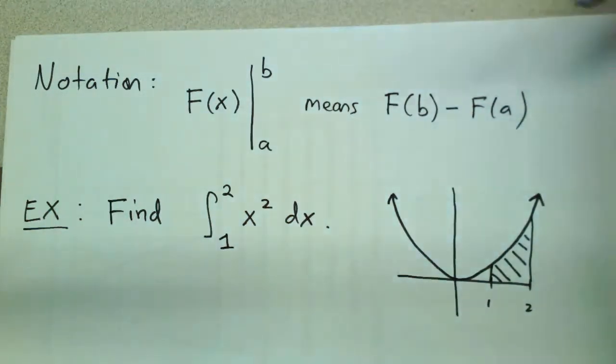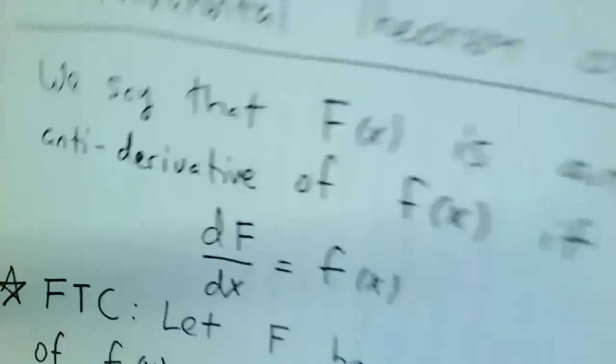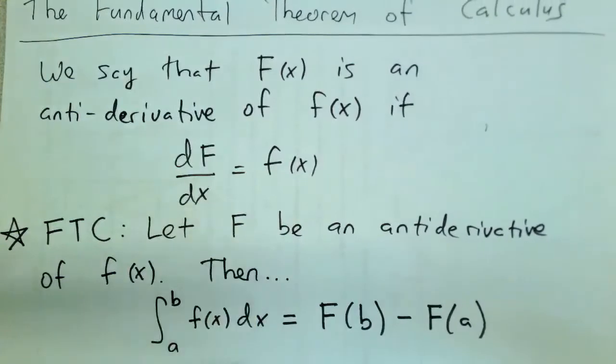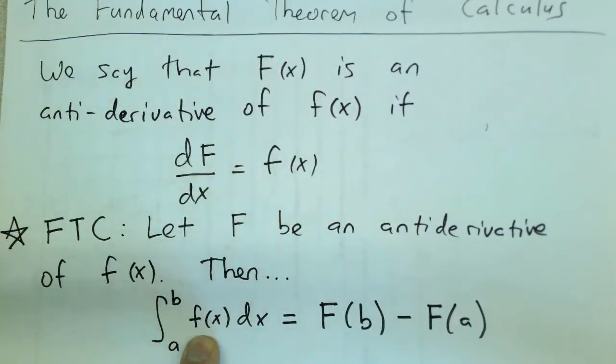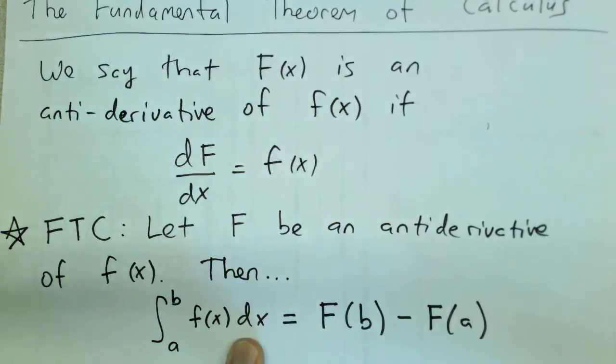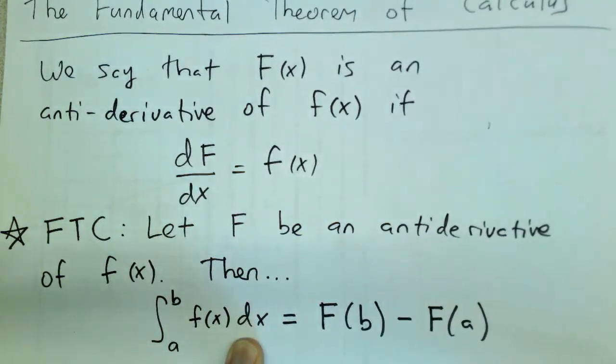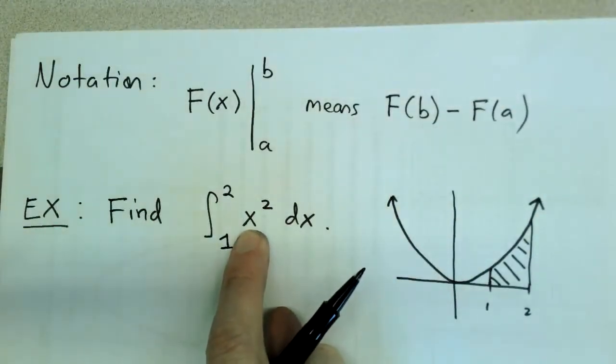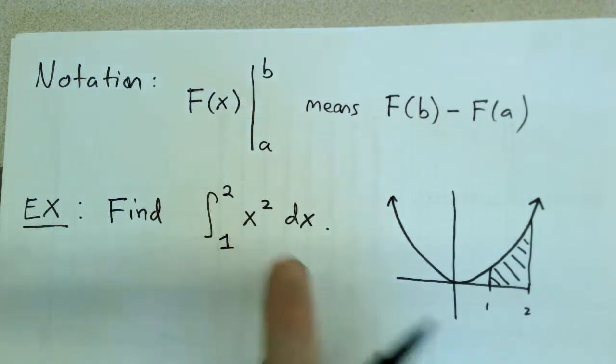It says, if you can find an antiderivative, capital F, for your function that you're integrating, little f, then you can use it to evaluate the integral. All right. So basically what you're going to do is try to find an antiderivative for this function. Well, it's pretty easy. What's an antiderivative for x squared? A function whose derivative is x squared.